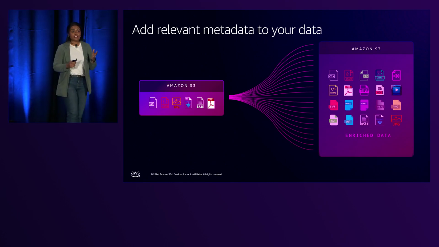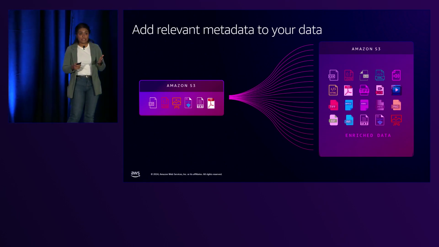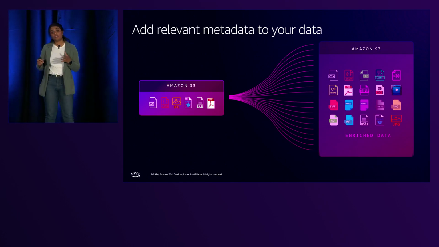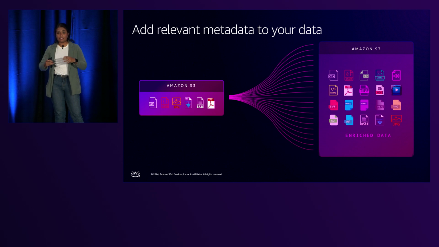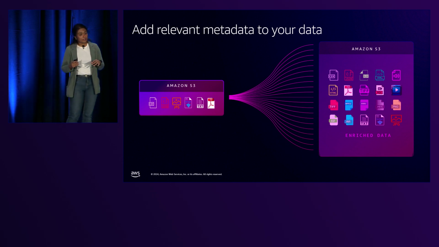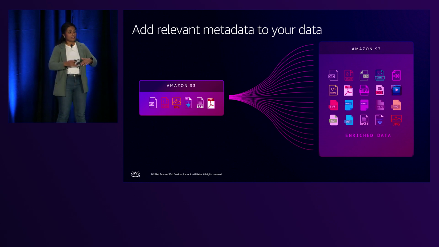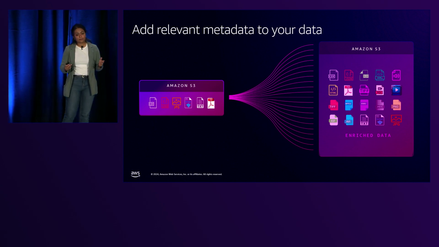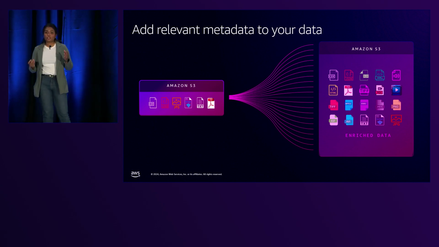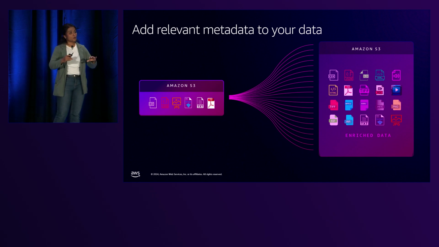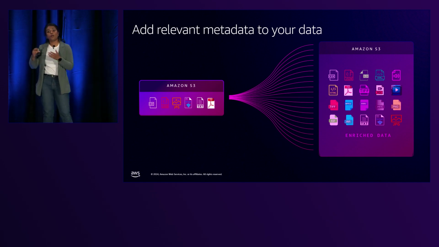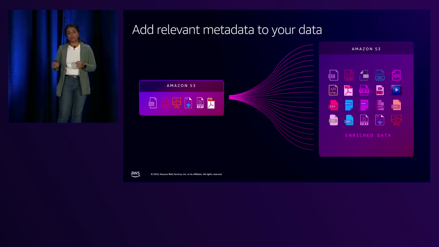First off, S3 has S3 object tags, a native capability through which you could add user-defined metadata on your data in S3. Customers will sometimes store this metadata in line with the data in the Amazon S3 bucket. And then a lot of our customers will choose to have their own metadata store, which is, let's say, a DynamoDB table or a Redshift table or an Iceberg table for better query performance.